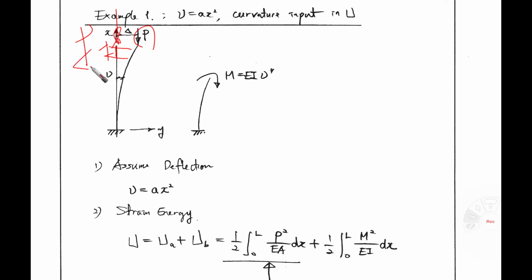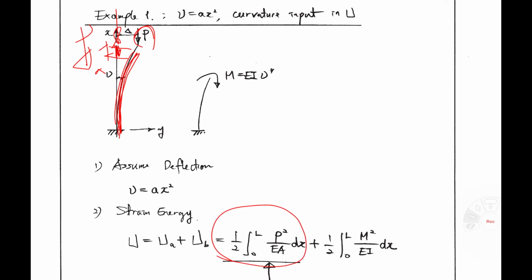Let's say that is delta A, the shortening due to P. And then if P reaches PCR, it suddenly buckles like that. If this beam has this kind of deformation, it has some bending strain energy. So from the shortening, you can calculate the strain energy like this.